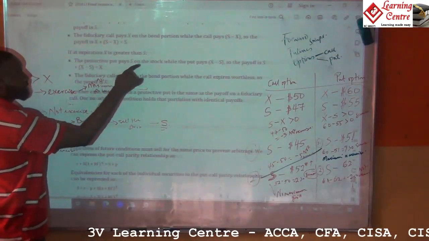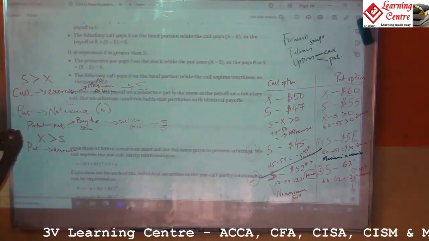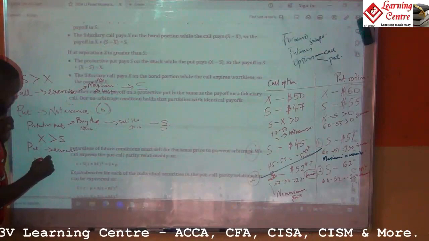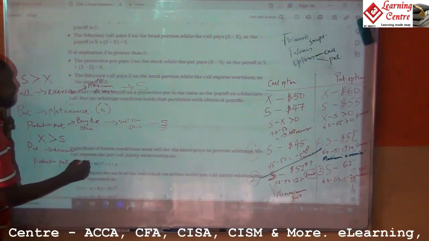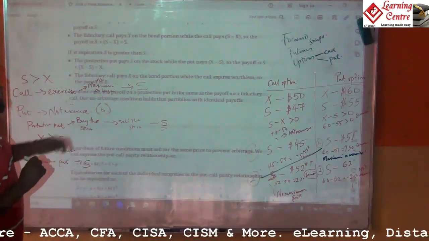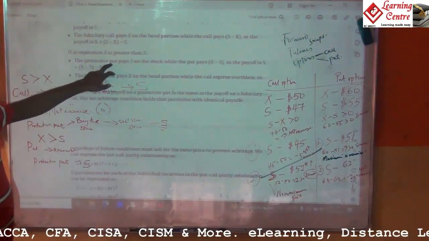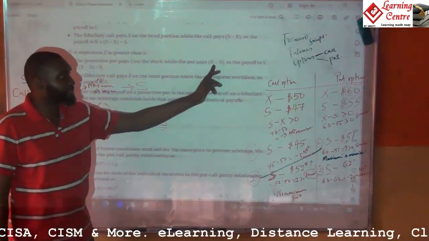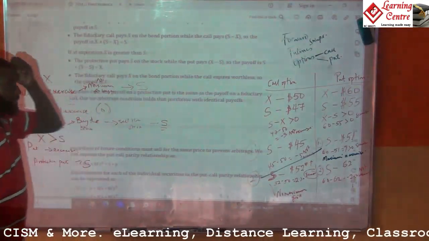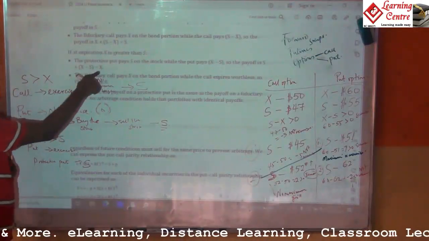The protected put pays, I will exercise, and then of course I will sell my stock. Which is what they are saying here. The protected put pays S on the stock, while the put pays X minus S. So the payoff is back to X.